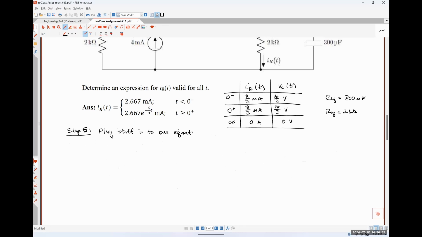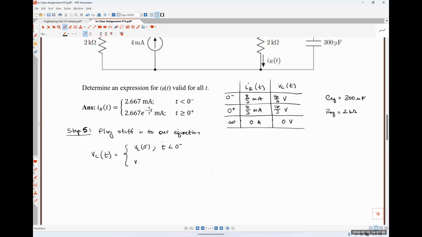The equation that we came up with earlier was the voltage drop across our capacitor, Vc of t, was whatever it was at 0 minus for t less than 0 minus.